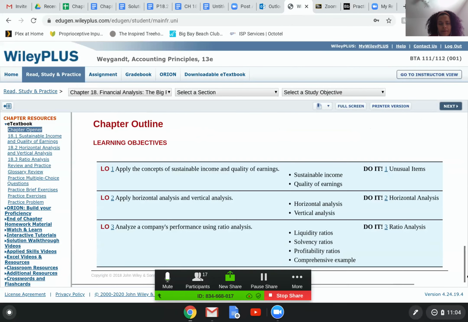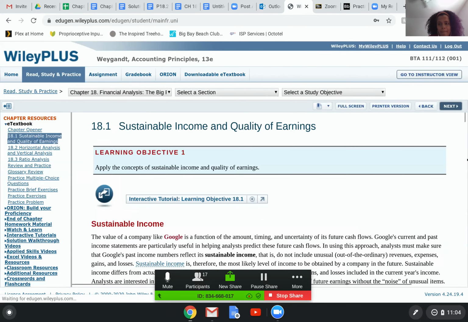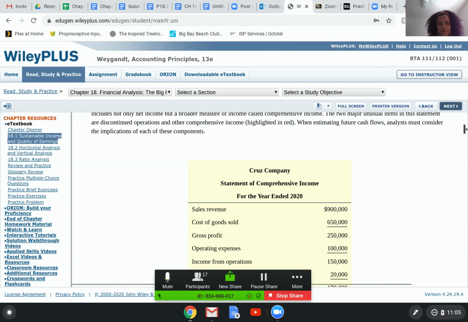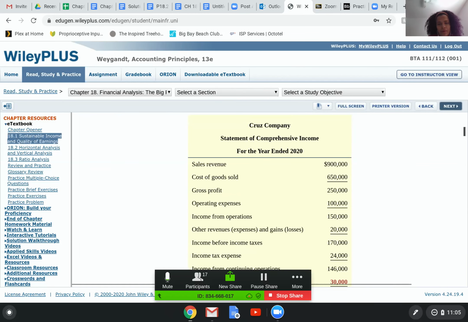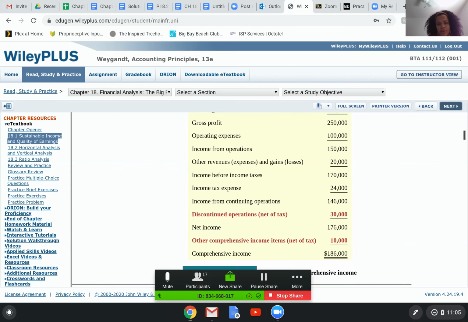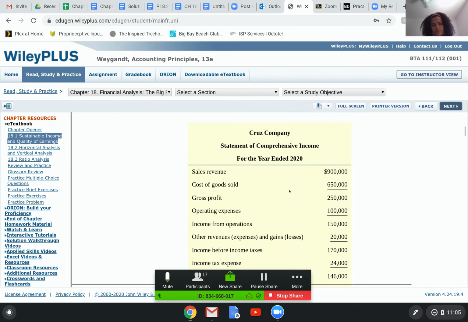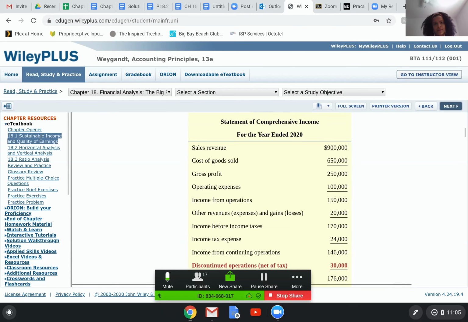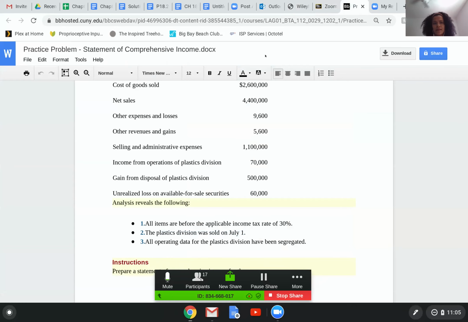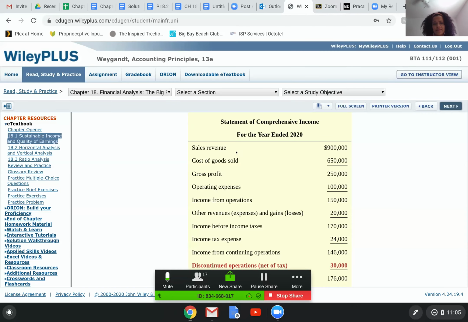So if you go into the textbook in 18.1, you can see it basically gives you the statement of comprehensive income, starting with, in our case, for our question, net sales, but it's basically the same thing as sales revenue.